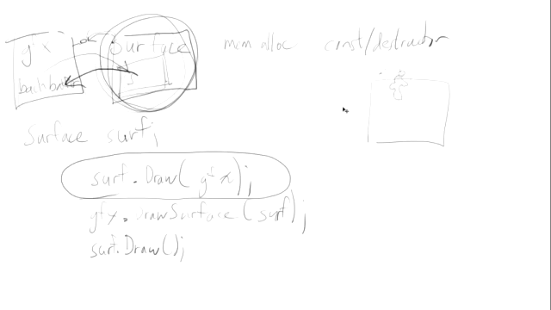Or if you've got another sprite over here, you say, okay, the bottom of this sprite is below the bottom of the screen, so we're not going to draw this part. And the left side is less than the left side of the screen, so we're not going to draw this part, and we only go through and draw this part.